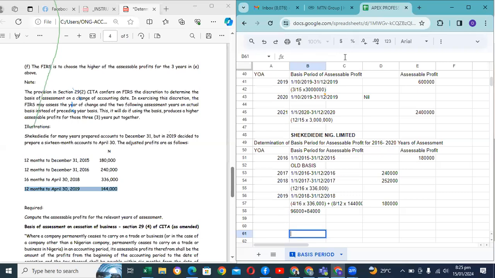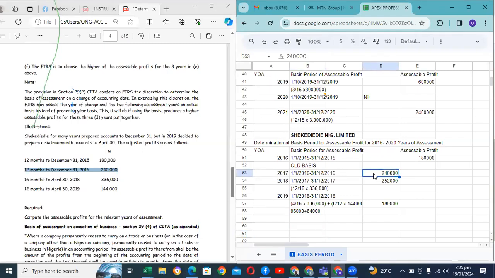All right, so let's try. Now, for the old basis, we are not changing the date. So you would do as if they didn't change the date. So you pick this 12 months period, 240,000.